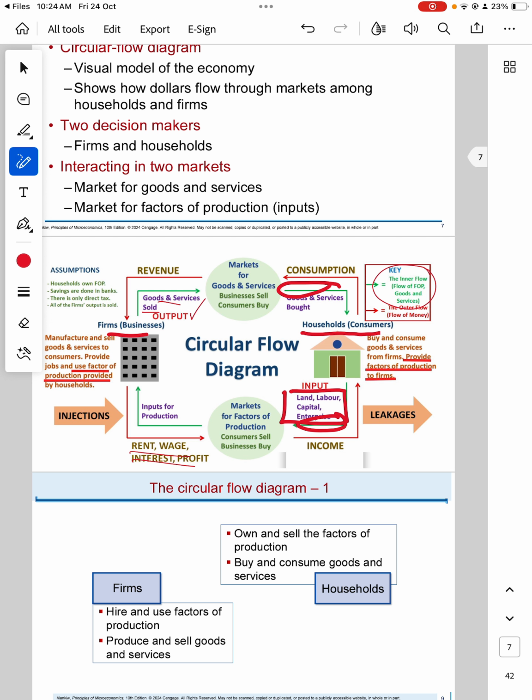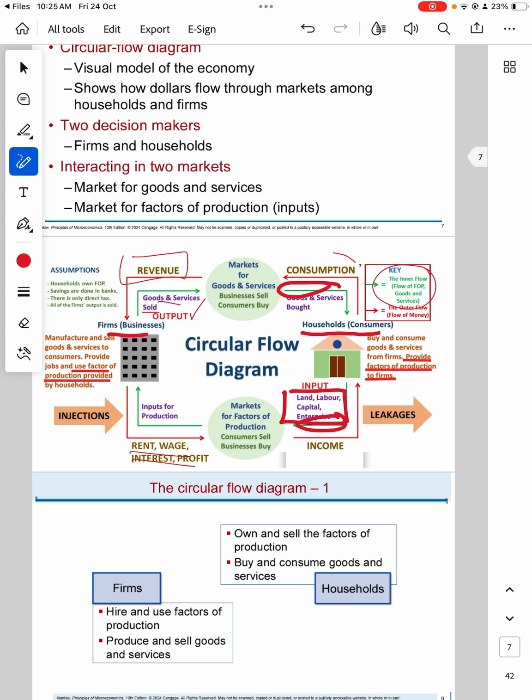So that becomes the household income. From this income, the household will buy the goods and services provided by the industry and firms, and they will consume them, and the firm again gets revenue.